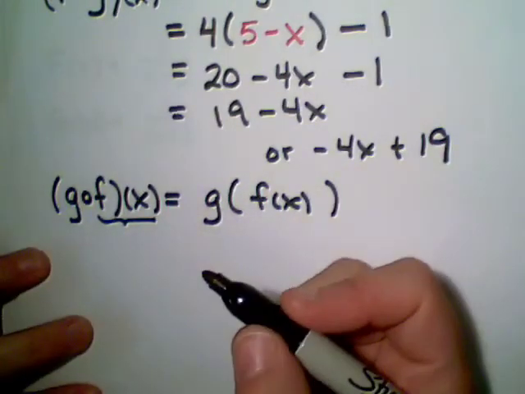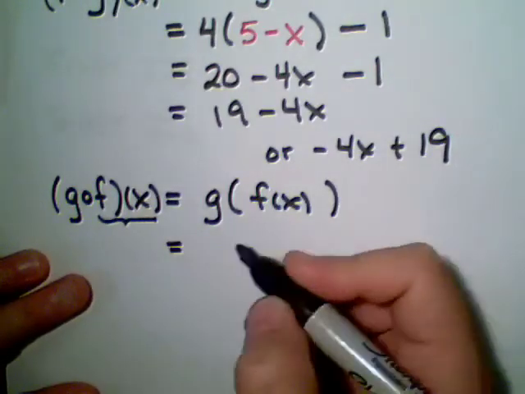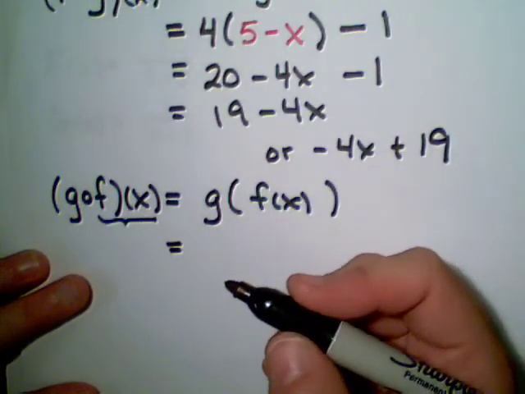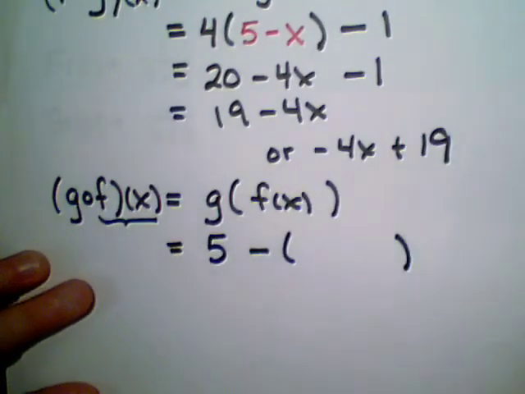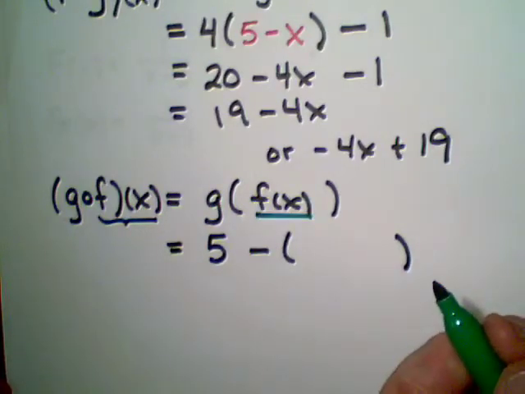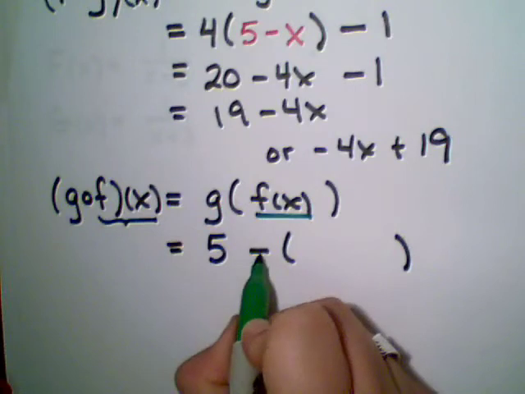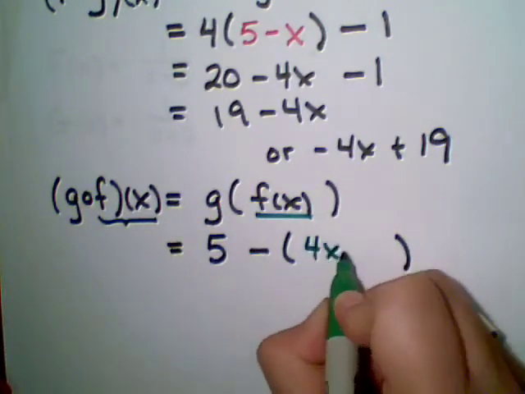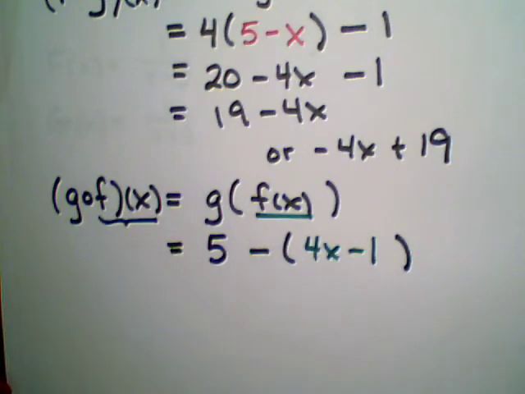Okay, I let some time go by. I forgot that you could pause that at home. Well, g was that linear function, 5 minus x. But our input is a function f of x. So we need to take 5 minus f of x, or 5 minus this green difference.